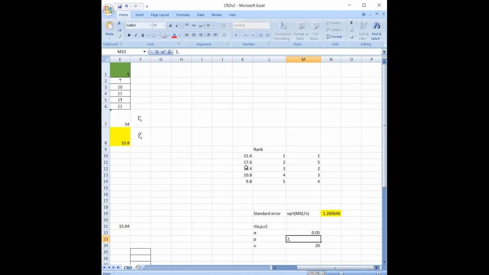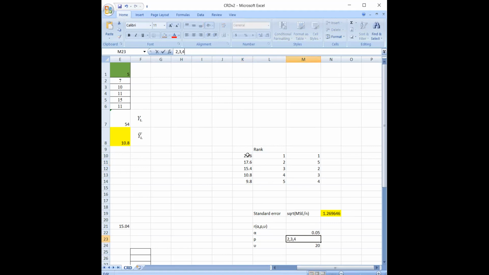But when you compare two means with one mean value in between, so the gap is 1, then P is equal to 3. Let's say you are going to compare 12.6 and 10.8, then the gap is 2 means in between. So in that case, we can take P as 4.